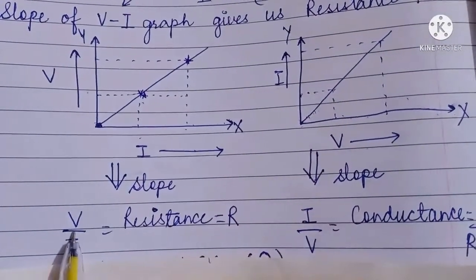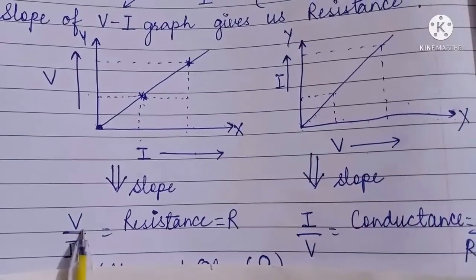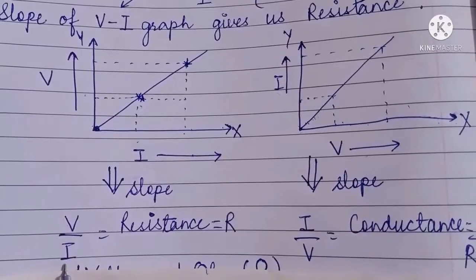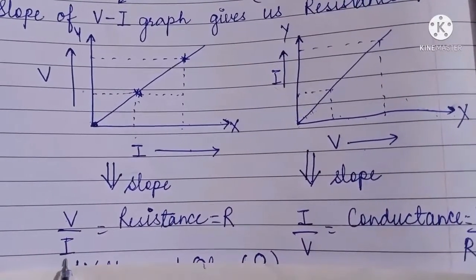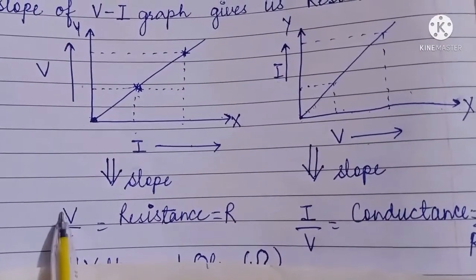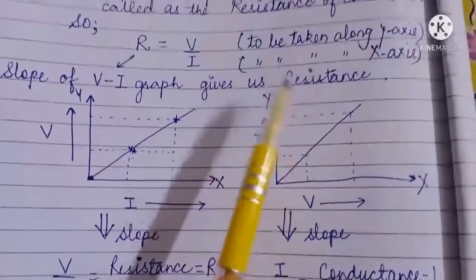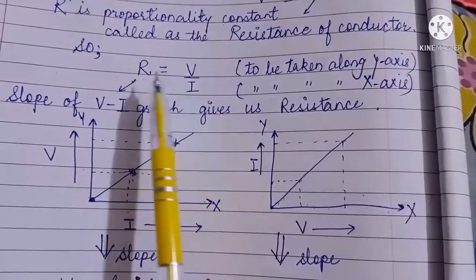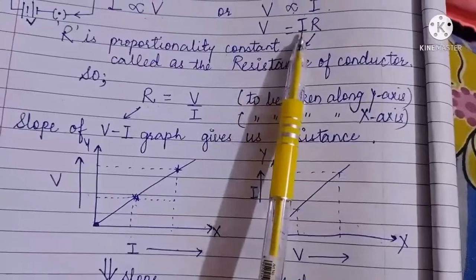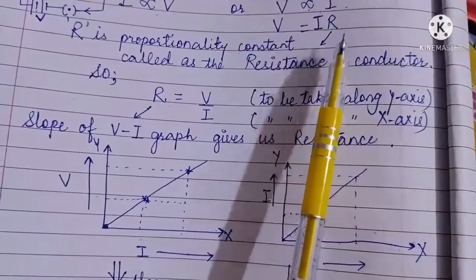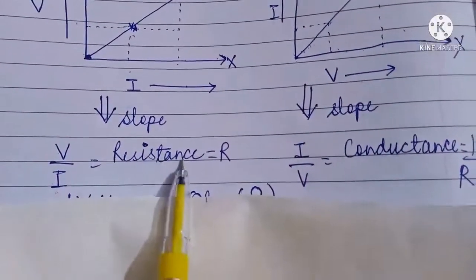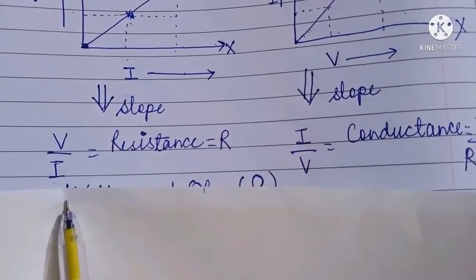So in numerator part I'll have a difference in voltage, and in denominator it is the difference in the current values, क्योंकि I के along हमारे पास current था। Now V by I ratio, as per the formula also, V by I is the constant part. According to Ohm's law, V by I was equal to the constant R, which is the resistance. So here resistance is nothing but the ratio of V to I.